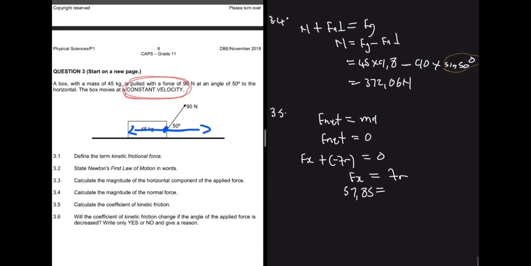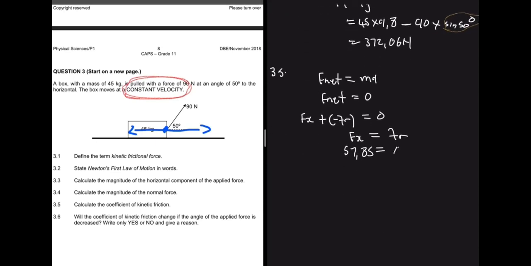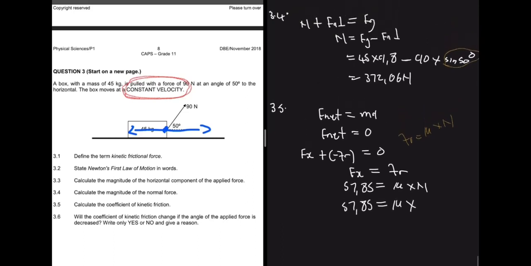And in place of friction, we can put the coefficient multiplied by the normal force, because we know fully well that friction is given by the coefficient multiplied by the normal force. So 57.85 equals the coefficient multiplied by the normal force, which we calculated in 3.4.